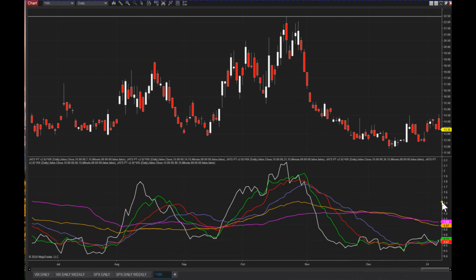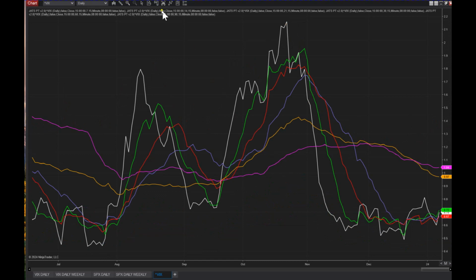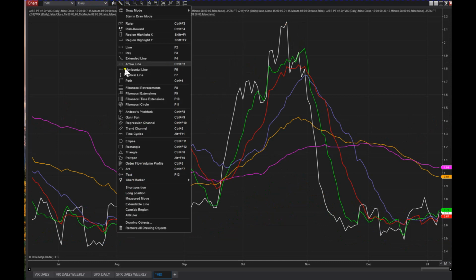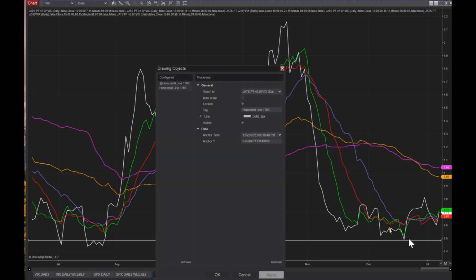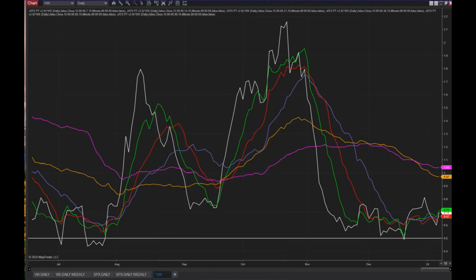Let me maximize this so we can see it. There's 0.5. So it tagged 0.5 and bounced.